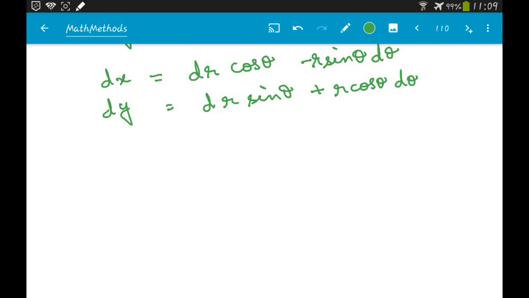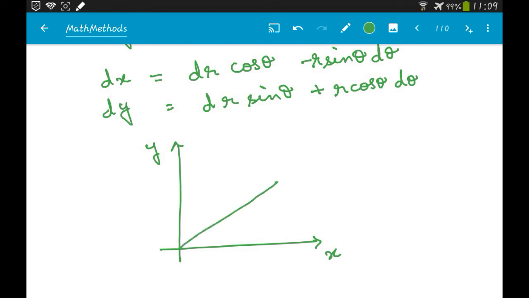Now let's draw it out and see what we mean by it. Let's say we have our coordinate system, x and y, and we have some vector r. Now what we want to do is change this to polar coordinate system.